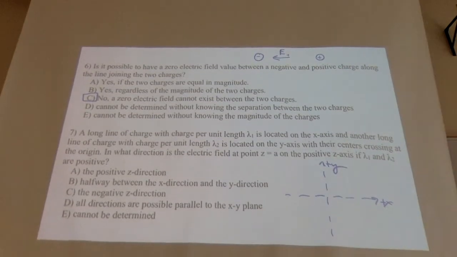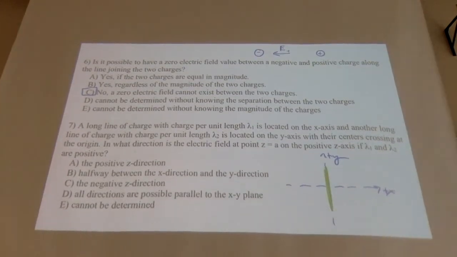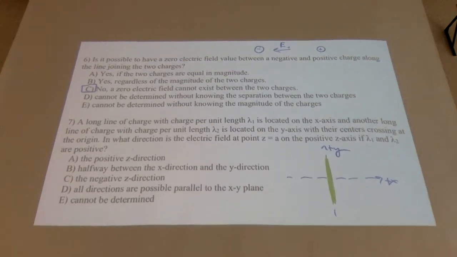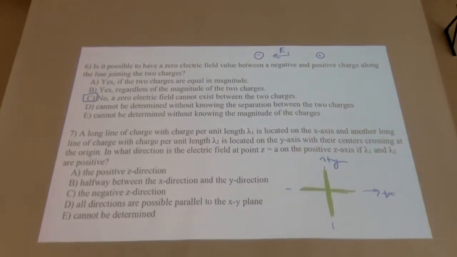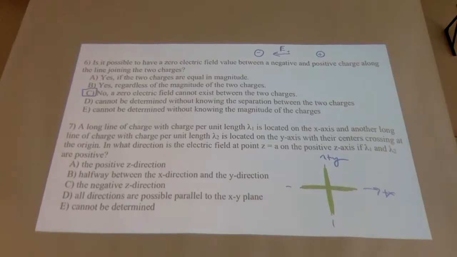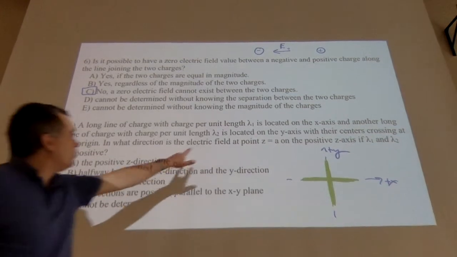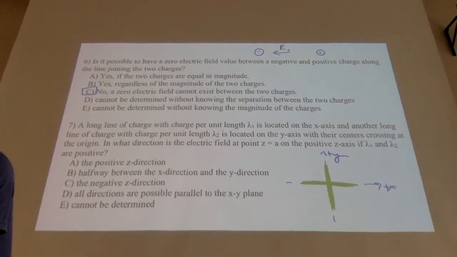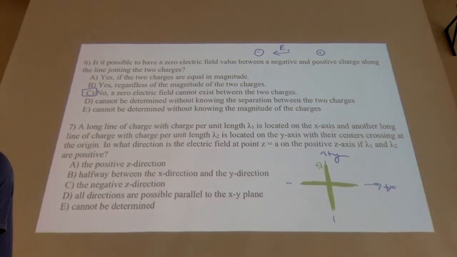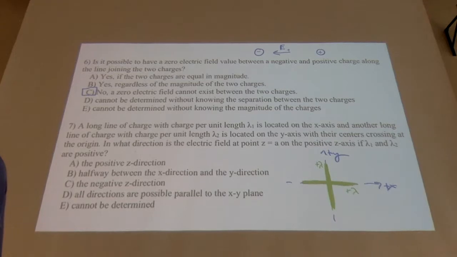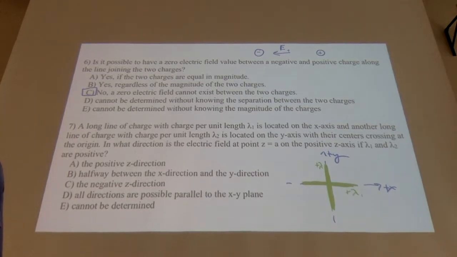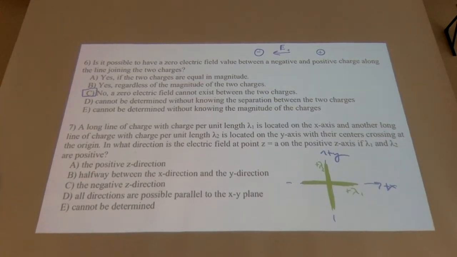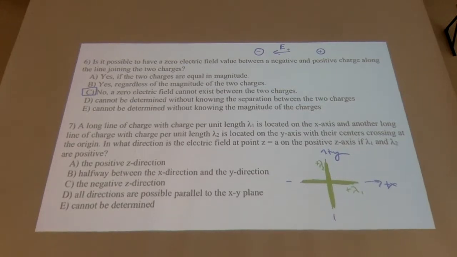This is saying that we have some line of charge density here and another line of charge density there. It didn't give either one of these as negative, so a positive sign is assumed. So this is positive lambda, and this one is positive lambda. If you wanted to label those 1 and 2, like so. One is on the x-axis, the other is on the y-axis.